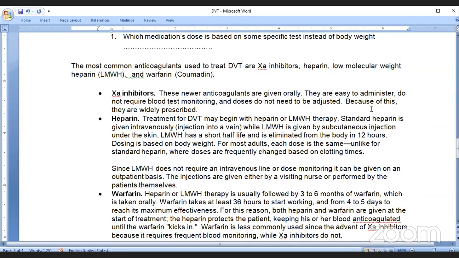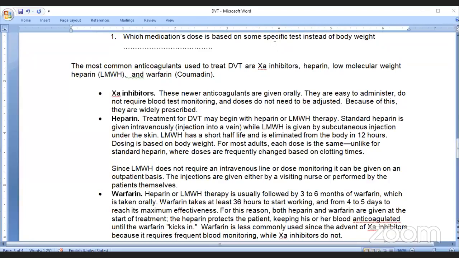So please let me know how you will fill in this blank. Some of you are saying heparin, so it could be heparin also. On Facebook, Dr. Jumi Sijo is saying heparin.